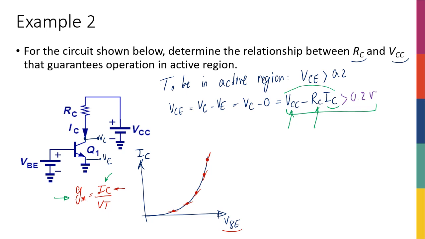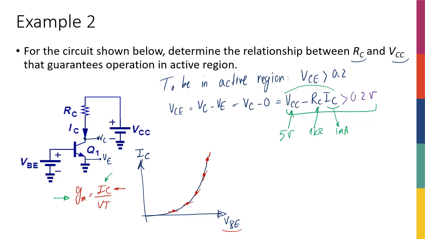Let's say VCC was 5 volts and RC was 1 kilo, right? Now, if IC was 1 milliamp, then I was fine, because 5 minus 1 kilo ohm times 1 milliamp is 4 volts. Because kilo times milli cancel out, this becomes 1 volt, 5 minus 1, 4 volts, I'm good.